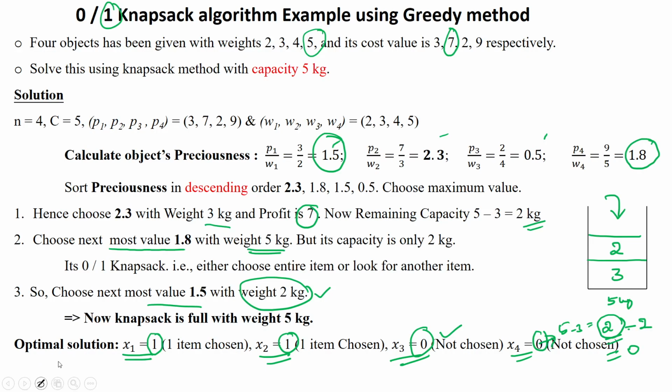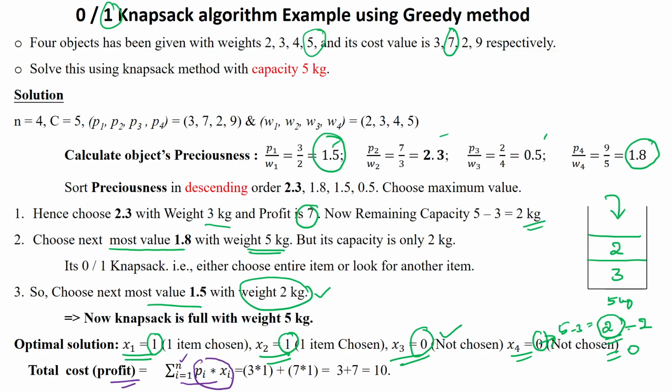Now we have to calculate the profit value. The total optimal cost is the summation of i equal to 1 to n, where n is the number of items, here 4 items, of profit P times the corresponding x.